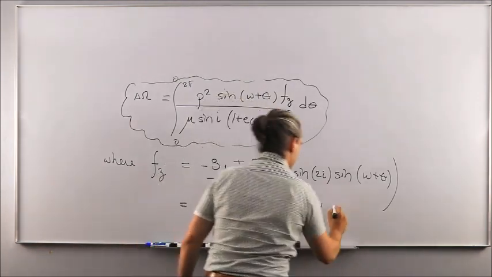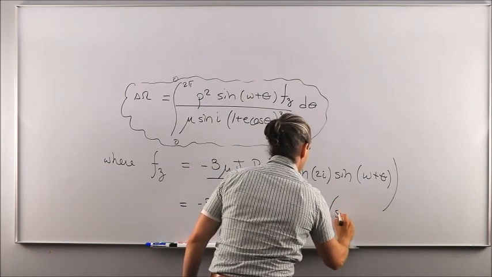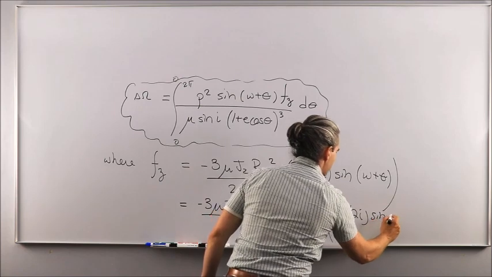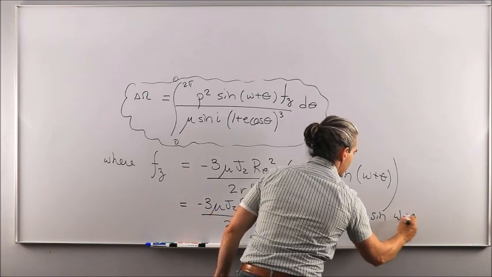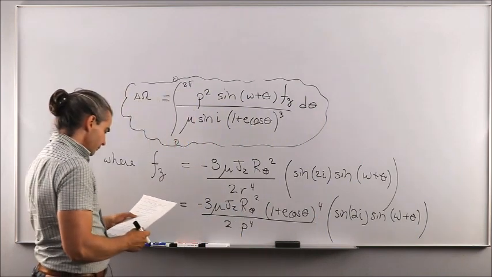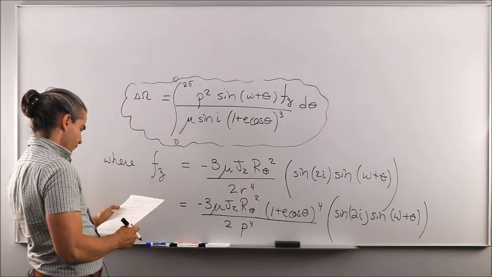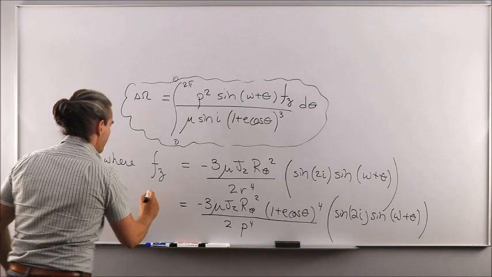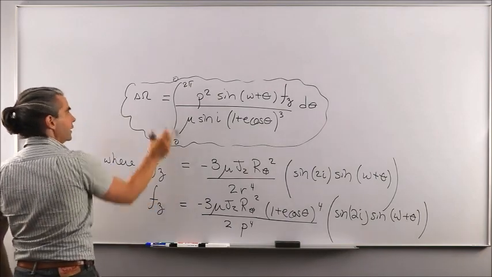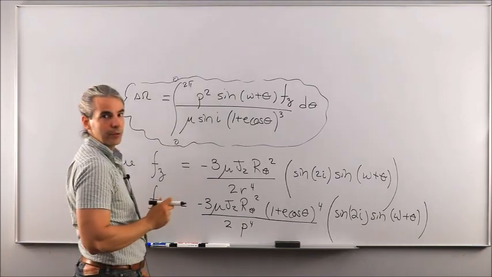And all this multiplying sine 2i sine argument of latitude, like this. Okay, and now I am in a good position to substitute my Fz into the secular variation in RAAN.